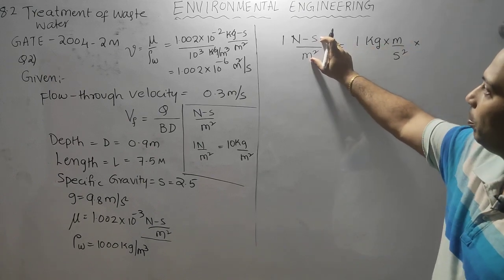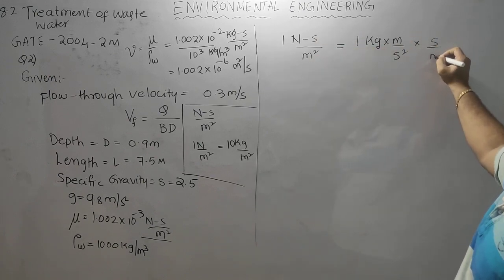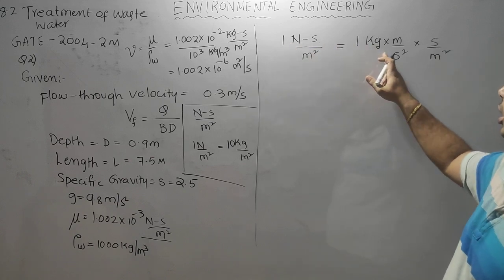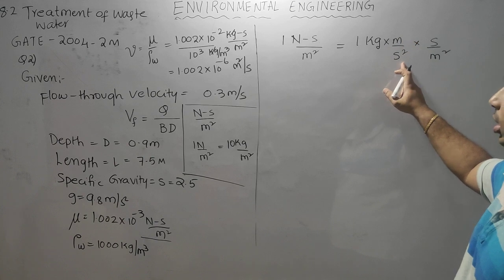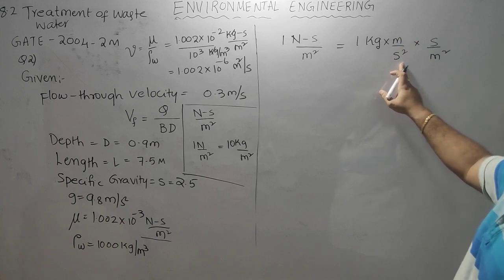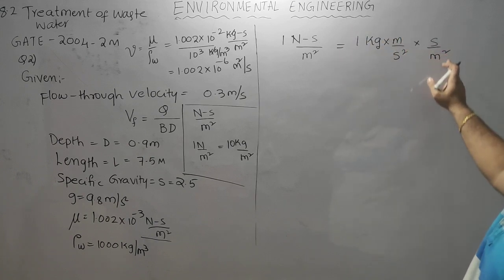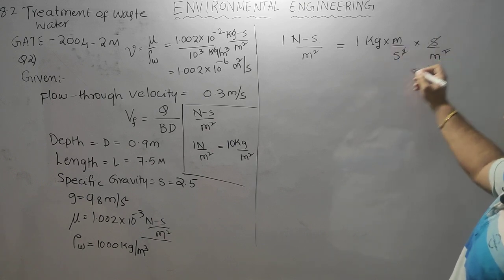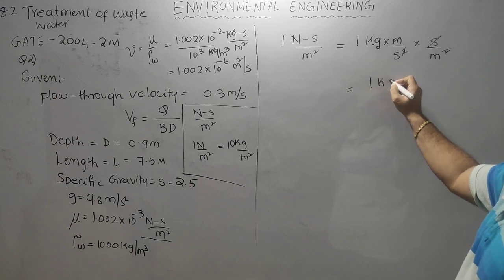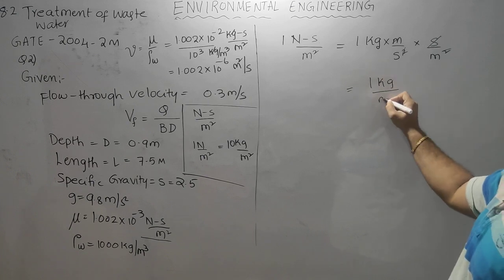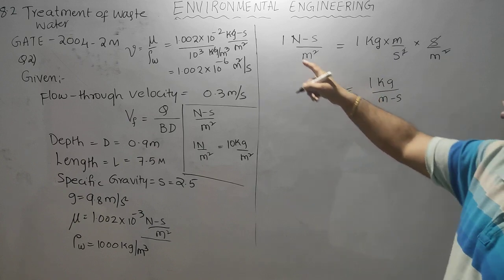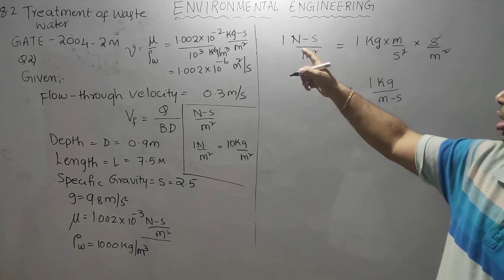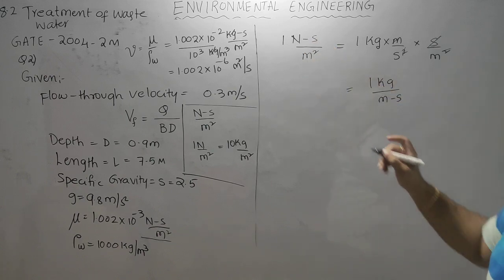So this is Newton, and second per meter square is already present. Now the second and meter get cancelled, so 1 kg per meter second. This is nothing but 1 Newton second per meter square. Now I can replace it with this.